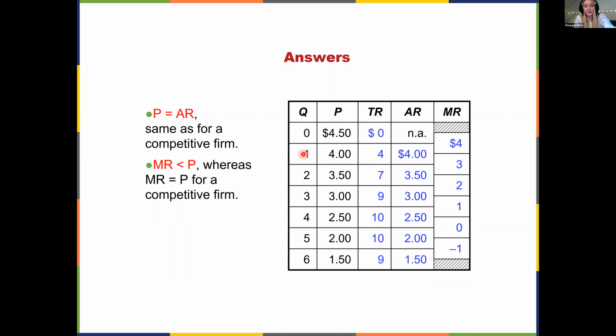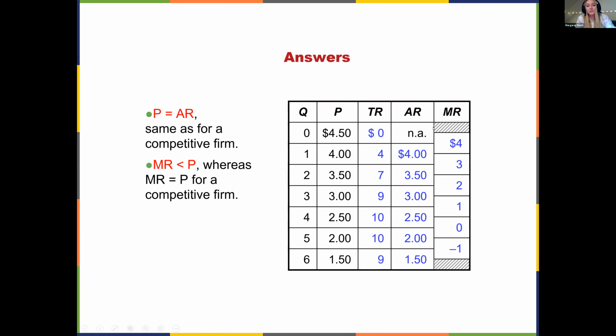But if they sell one cappuccino for $4, the total amount of money that they bring in is $4. If they sell two cappuccinos for $3.50, that firm brings in $7, et cetera. So you can calculate the total revenue pretty easily if you remember that price times quantity is how you get total revenue.